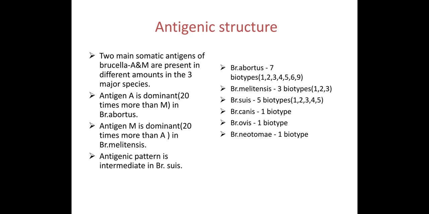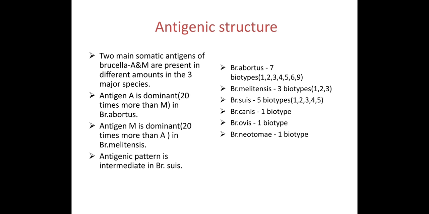The antigenic structure of Brucellae is like any other gram-negative bacillus. They have somatic antigens. Brucellae are known to have 2 important somatic antigens called A and M. These were named A and M based on their proportions present in the most important human pathogens, that is Brucella abortus and Brucella melitensis.